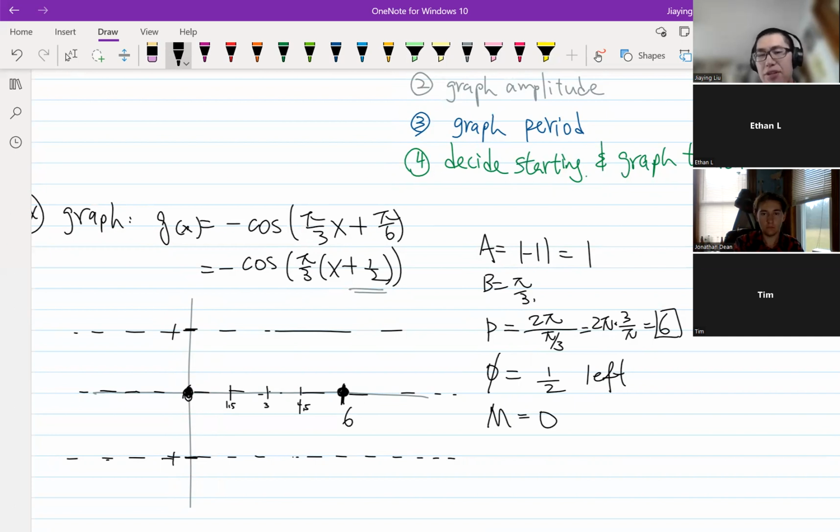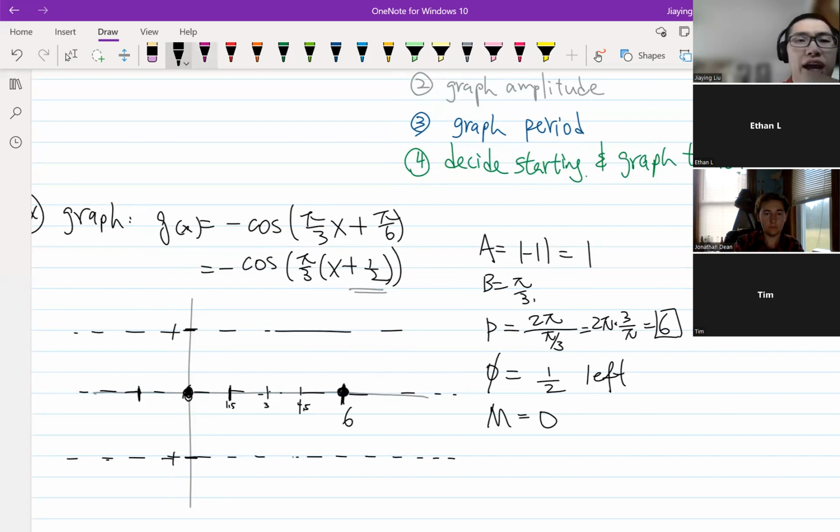Before I start graphing the curve, I'm going to have to shift the curve half unit to the left. So I'm going to take all those 5 points, including the origin. I'm going to move everything half unit to the left. So each tick mark corresponding to 1.5 here.